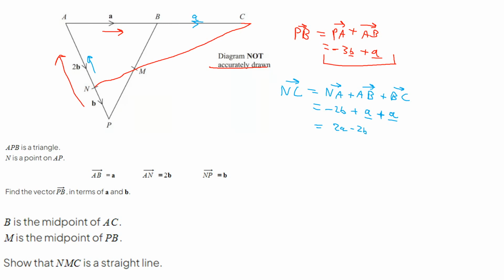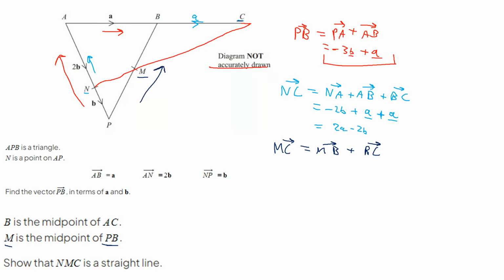Okay, sure. Now what we need to do is either work out what N to C is, or what M to C is, or what N to M is. For the sake of this video, I'm going to work out what M to C is. So MC is just going to be M to B plus B to C. And remember what ratios we've been given. We're told that M is a midpoint of PB, right?